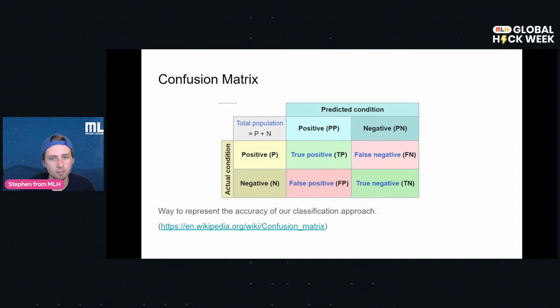So that's predicted positive and predicted negative. So for example, if the model predicts that an image is a ripe fruit, but the actual condition is that it's unripe, that would be what we call a false positive. And this matrix will tell us where our model is messing up, in a sense.